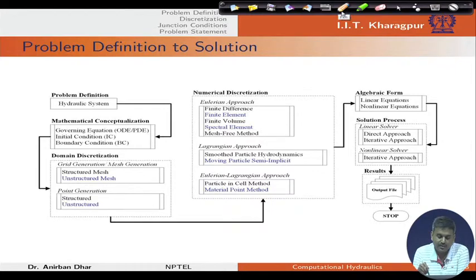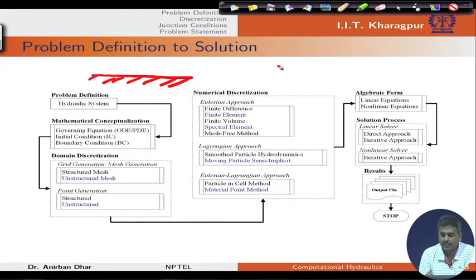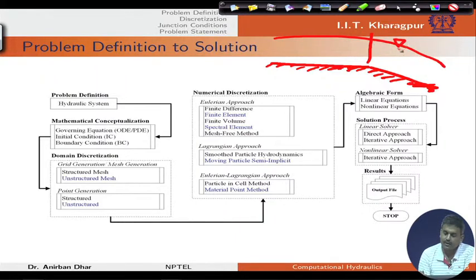Problem definition. In our previous lecture class, we have talked about a single channel. Let us say we have a single channel, and we have also solved the case where two channels are connected. The initial one was having milder slope, then a comparatively steeper slope like this, and there was a junction point and single channel.